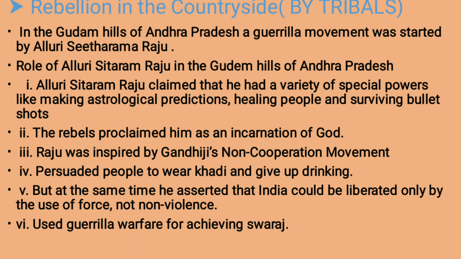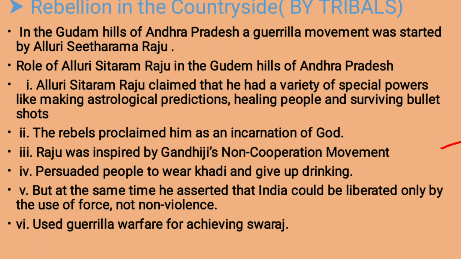He was proud of his powers. He said he had the power of astrological prediction, the power of healing people, and of surviving bullet shots. He told this from his side.